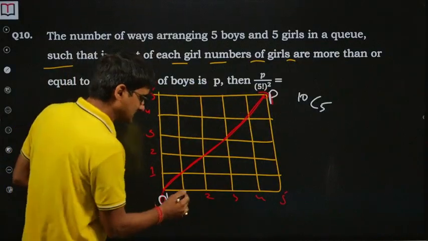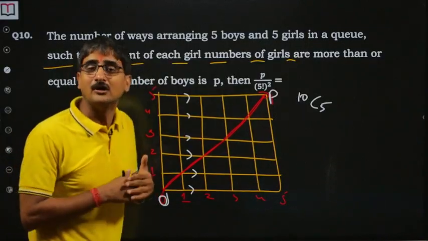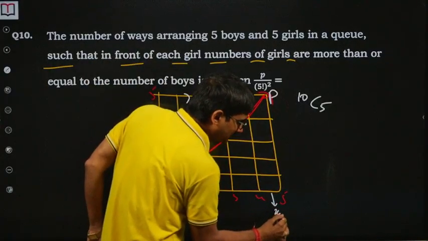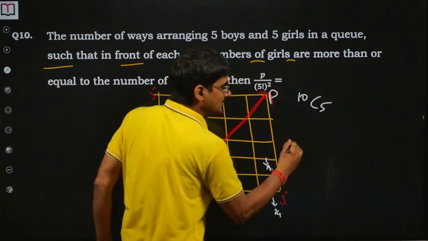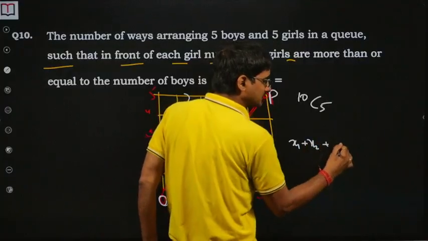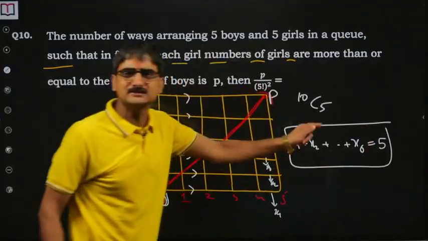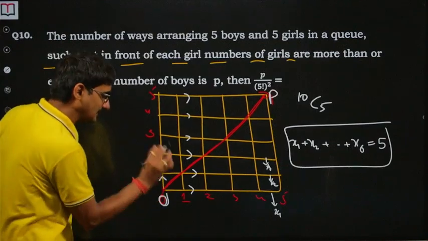Another way is, there are 6 horizontal lines. On those 6 horizontal lines, let's say I take x1 number of steps on the first line, x2 number of steps on the second, x3 number of steps on the third. So x1 plus x2 plus x3 and so on up to 6 should be equal to 5. Now you fix these number of steps. Let's say I didn't take any step on the first line. That means you are moving up.